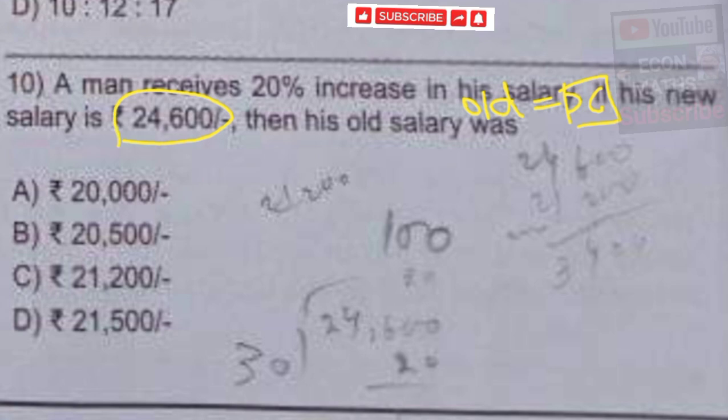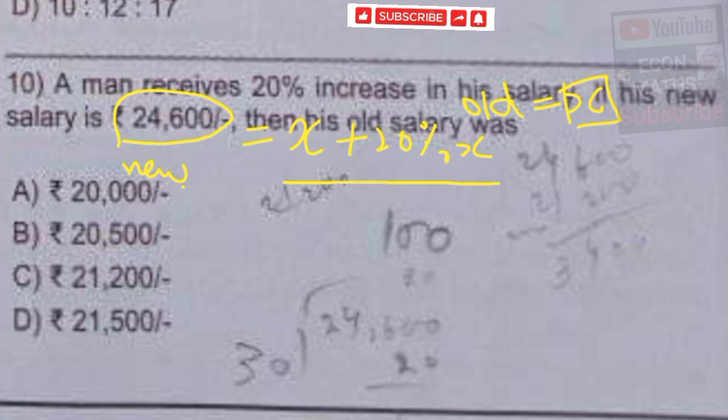So I will write, new salary should be equal to old salary, that is X, plus increase in old salary, that is 20% of X. This is the relationship between new salary and old salary.